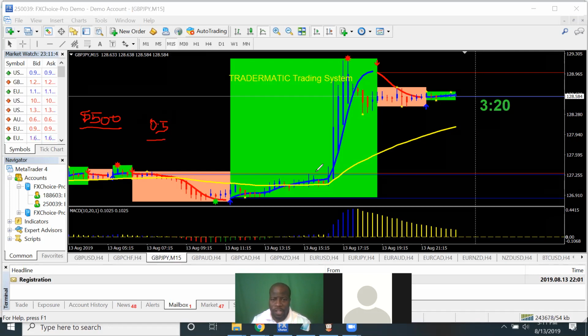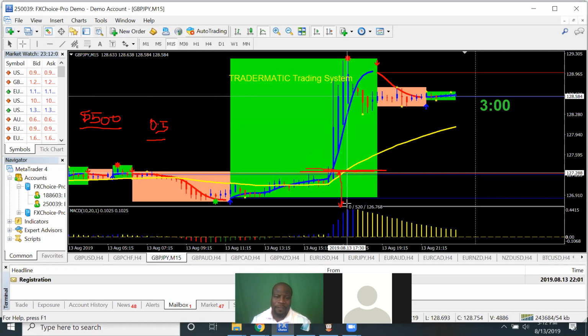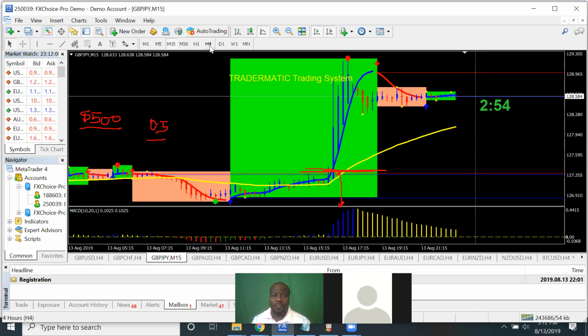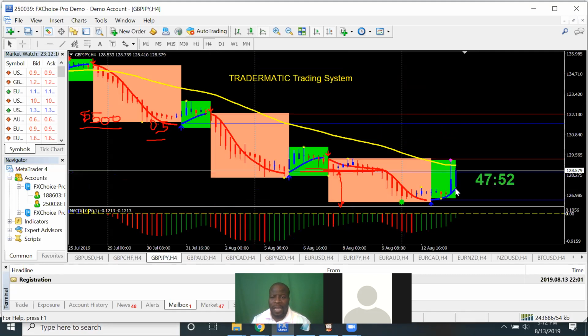If you enter here, your stop loss will just be somewhere here, which would be, you see, still somewhere like 50 pips. It's still much, but it's not that much compared to when you have 4 hours and you get in.